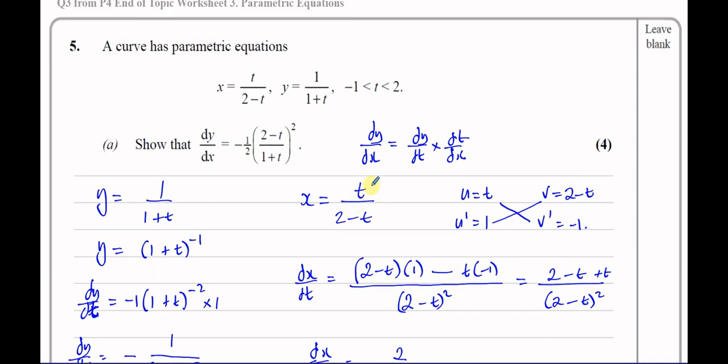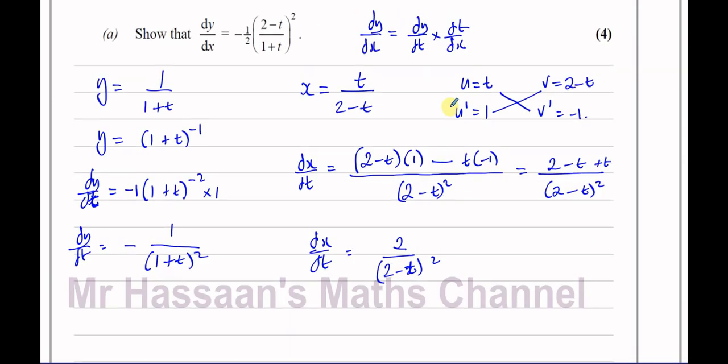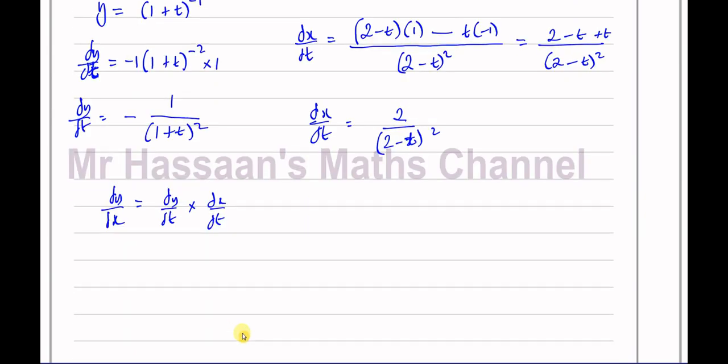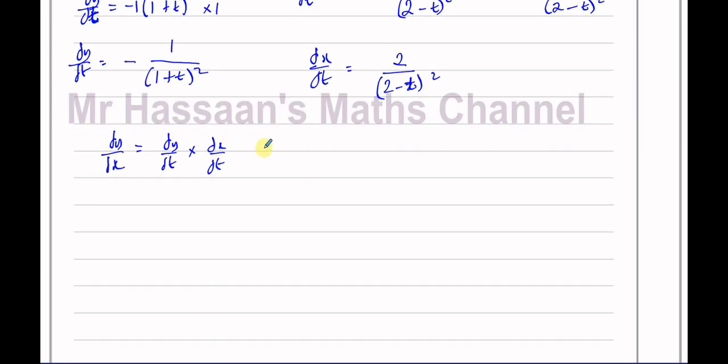Now we want to find dy dx, so we can just use the chain rule as we set up here. So we know that dy dx is equal to dy dt times dt dx. We have dy dt, which is over here: minus 1 over 1 plus t all squared.